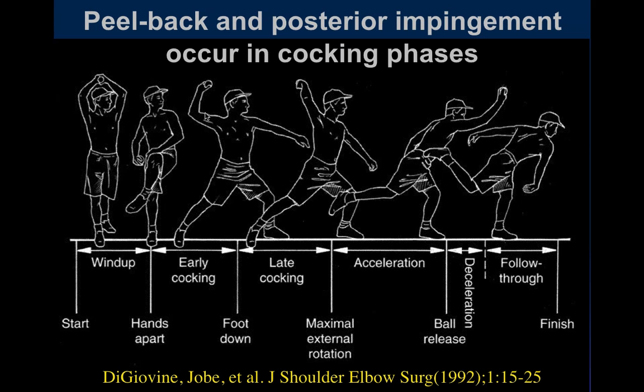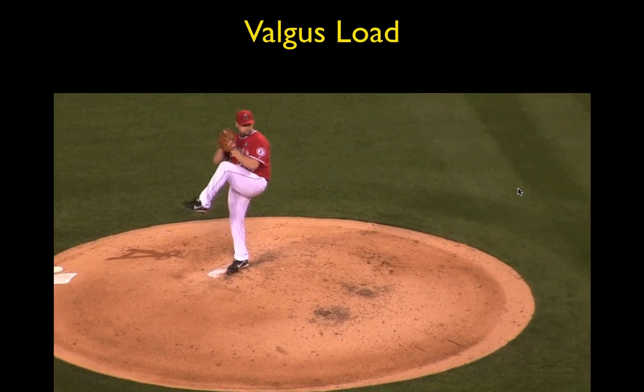You have the early cocking phase, the late cocking phase, and this is what we're going to come back to repeatedly in this part of the discussion, the late cocking phase. Then you have the acceleration phase where you start putting speed on the ball. Then you release it at the end of the acceleration phase, ball release. Then you rapidly decelerate the shoulder, and then you have the follow-through. So those are the different aspects of the throwing mechanism.